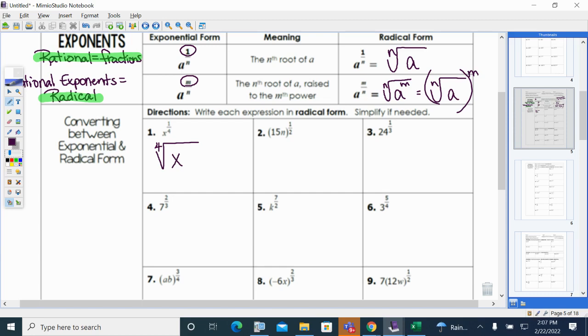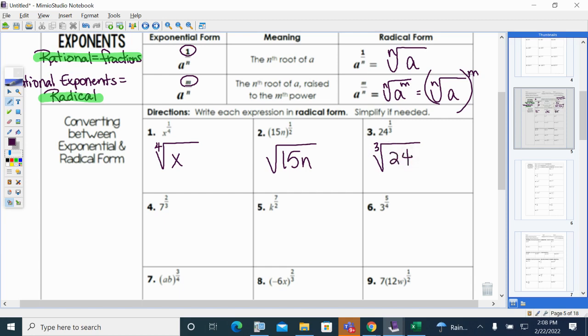On number 2, the parentheses mean that the 15n is your base, and then 1/2, the numerator's a 1, so this is going to be the square root of 15n. On number 3, 24 to the 1/3 power is going to be the cube root of 24.